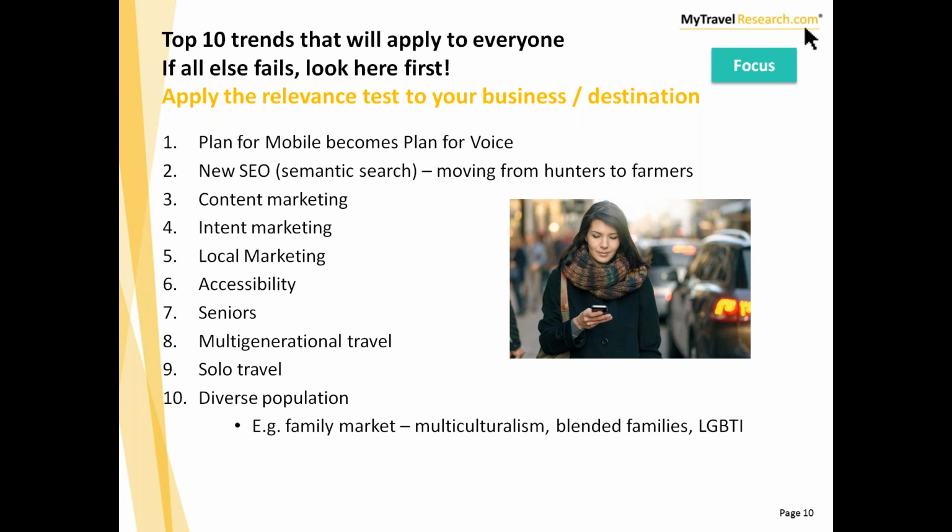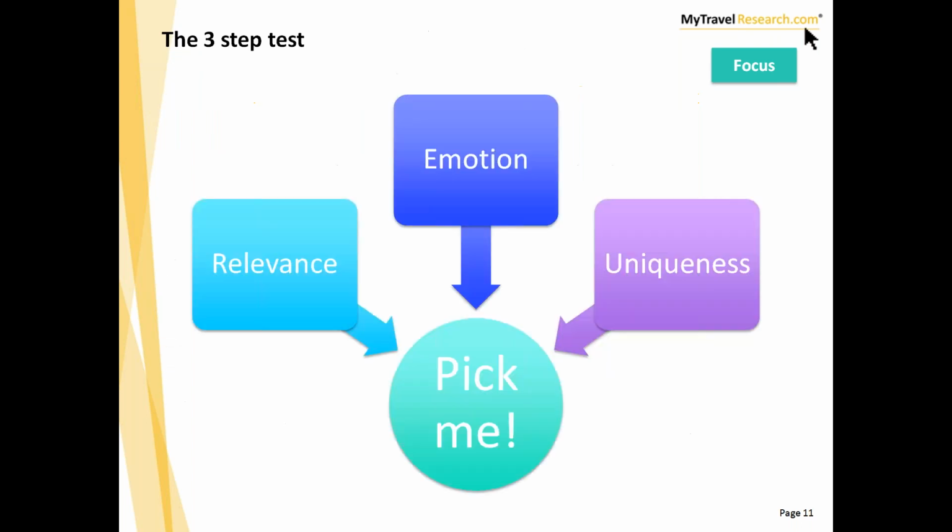So if you haven't found 10 things you need to do there, the next stage is to think about all of those trends and run 3 tests against them. I'm going to take you through each of those tests in turn. Relevance, emotion, and now uniqueness is probably a bit of a stretch, but there's more than one way to be unique. It doesn't have to be a totally different stand-apart thing.